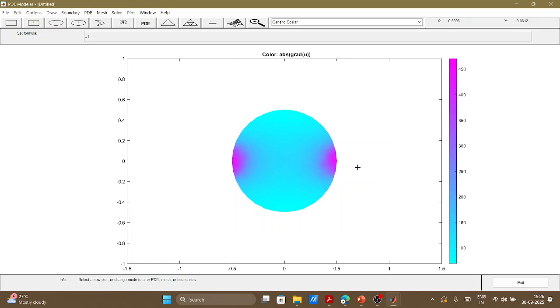So the major gradient is at these two extreme edges, right? Why? Because this is the boundary part. Above it you have 100 degrees centigrade temperature and below is 0. So these two edges will be the extreme heat transfer points, right? So at this point your temperature gradient will be the maximum. That's why your gradient values are maximum. For the other parts, the minimum will be at the center, because here you will observe the gradual changes, right?